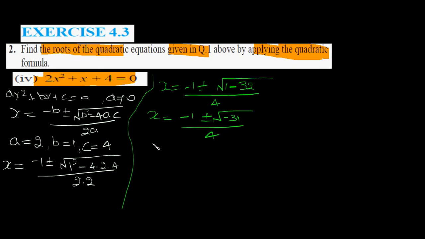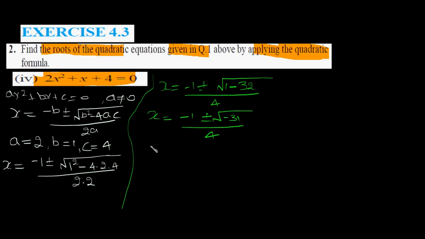If you remember question number 1 again, there also when we had checked whether the root of the equation exists or not, the value of d was less than 0, so in that case also the roots of this equation were non-existent.